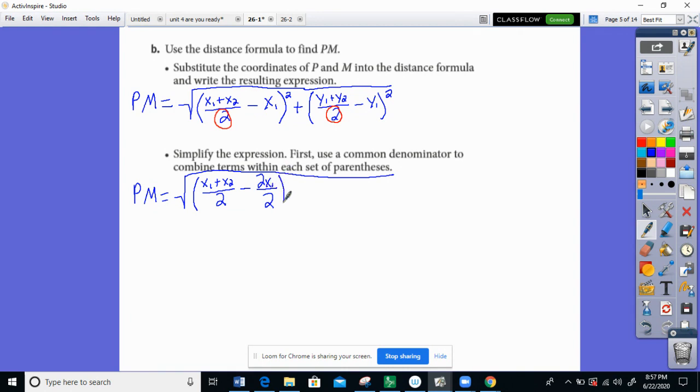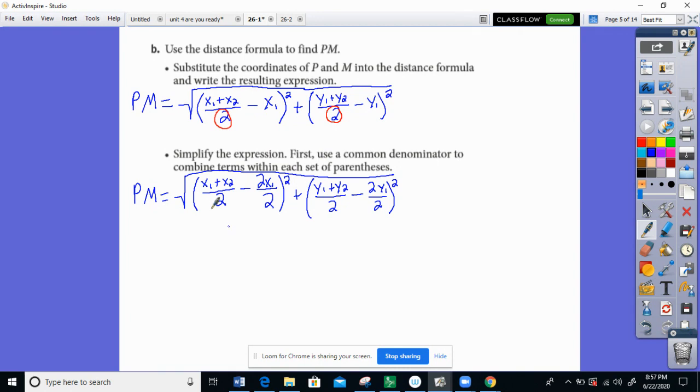So now we've got this expression for the x's, and we're going to have the same kind of thing for the y's: (y1 plus y2) divided by 2 minus 2 times y1 divided by 2. That whole quantity gets squared.